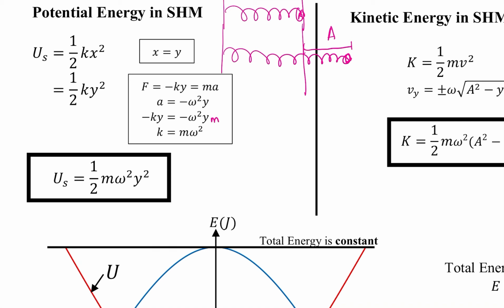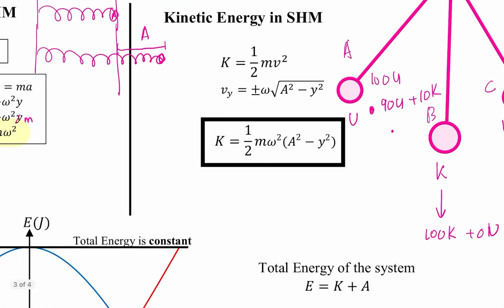Okay. So Y kita potong. So kita dapat K sama dengan M omega square. So kita gantikan di situ. So kita dapat potential energy equal to half M omega square y square. Means that the potential energy depend on the position of the object from the equilibrium position. So makin jauh daripada equilibrium position, so Y increase, potential energy pun akan increase.